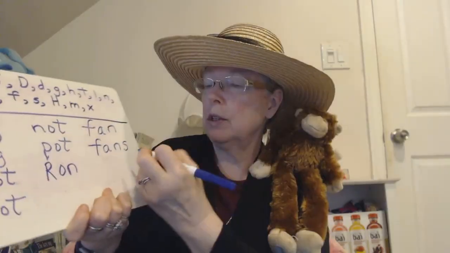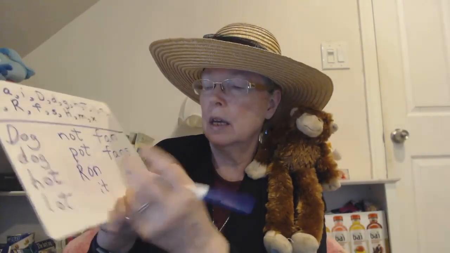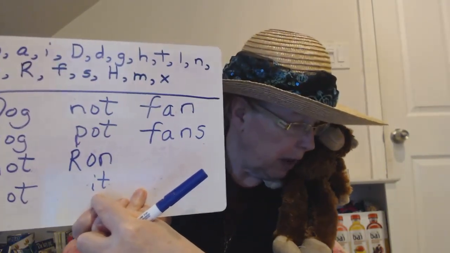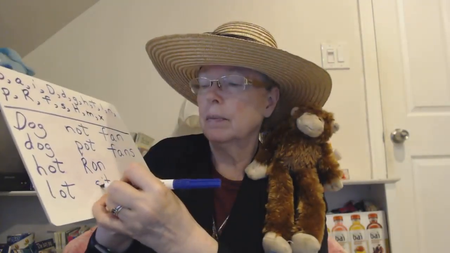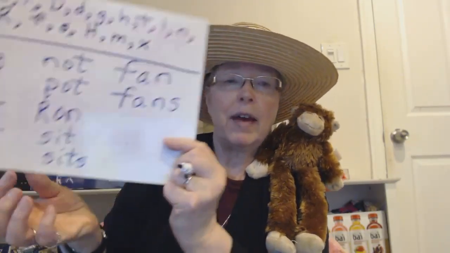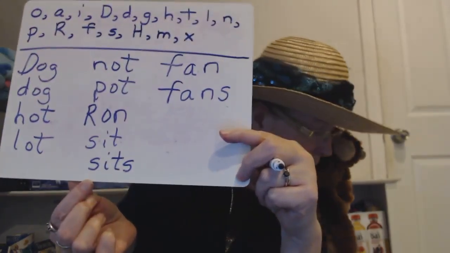All right, we're going to start with an I and a T, and we get it. We're going to add an S to it, and we get sit. We're going to take sit and add an S at the end. So instead of having sit, we now have sits.